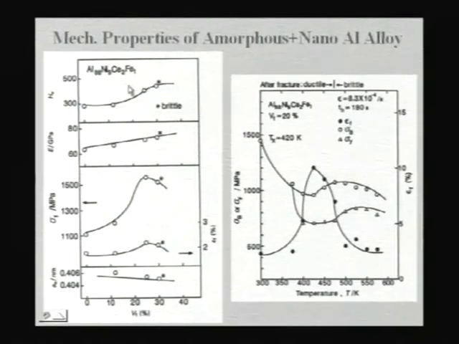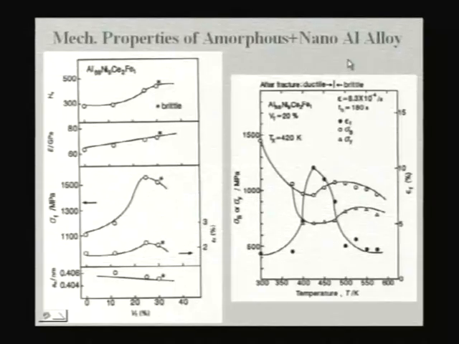This is one such system, aluminum nickel cerium iron. So take aluminum nickel cerium, put a small amount of iron in it. You have seen earlier, aluminum nickel cerium is basically an amorphous alloy. If you put a small amount of iron into it, it leads to easy crystallization and gives you nanocrystalline aluminum particles embedded in an amorphous matrix.